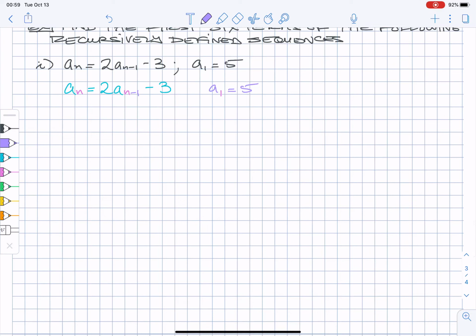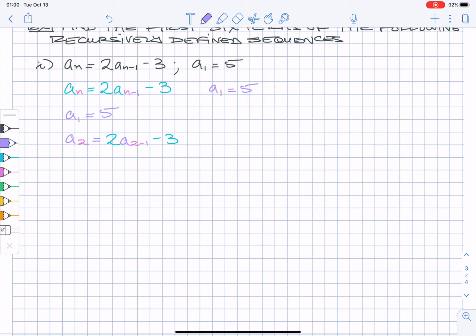Okay, we know a sub 1, so let's go ahead and list it. A sub 1 is 5. Well, I claim that a sub 2 is given as 2 times a sub 2 minus 1, from which I'm subtracting 3.